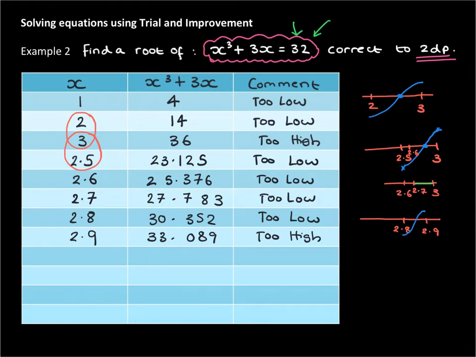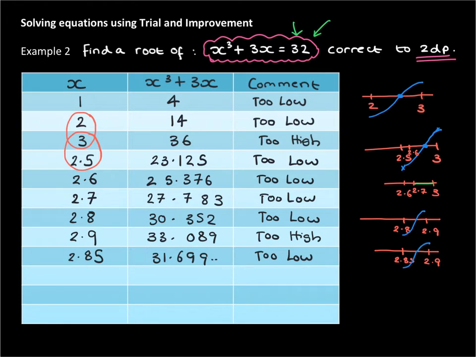So let's investigate 2.85 and see what we get. So 2.85 gives me 31.699, which is just a little bit too low. Now that tells me that the answer lies in between 2.85, which is too low, and 2.9, which is a little bit too high.